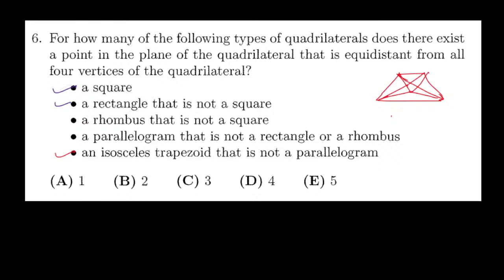Here, square and rectangle are fine, so the answer could be 2. Rhombus is definitely not, and parallelogram is also not. In case of a square, one more way we can consider it: if we consider the point of intersection of the diagonals, this length, this length and this length are equal.